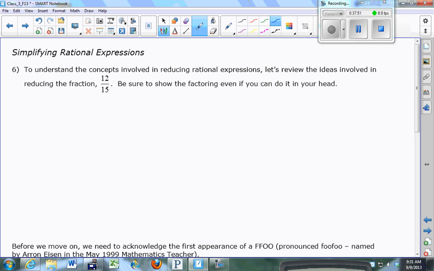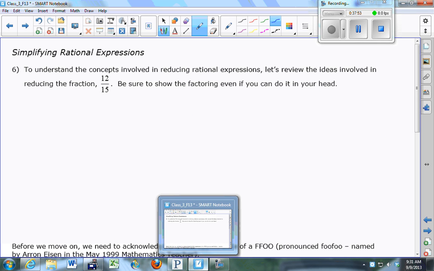Okay. All right, so how would we reduce this fraction? Divide top and bottom by 3. 12 divided by 3 and 15 divided by 3. Why am I allowed to do that?